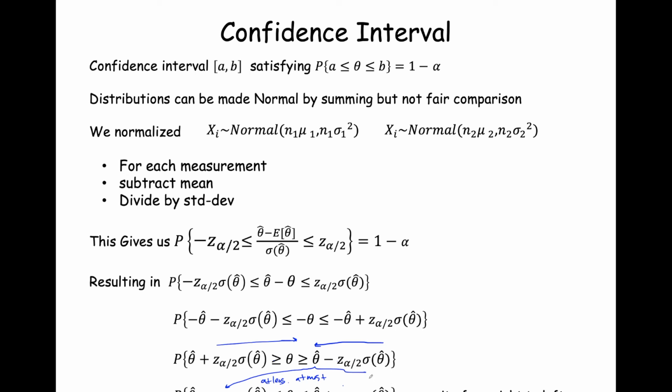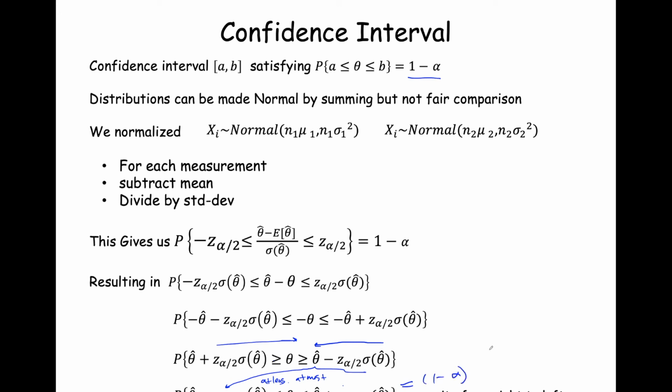And so this defines the bounds A and B for the probabilities associated with that center region of probability 1 minus alpha. And so that probability is equal to 1 minus alpha.